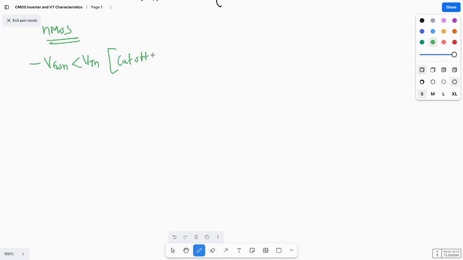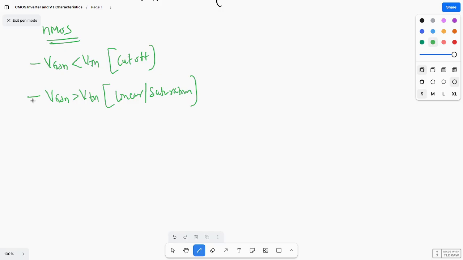Cutoff region. And when VGSN is greater than VTN, then it operates in the linear or saturation region.